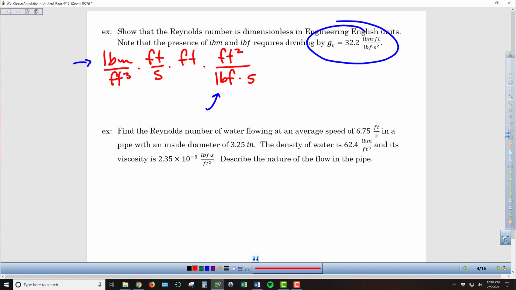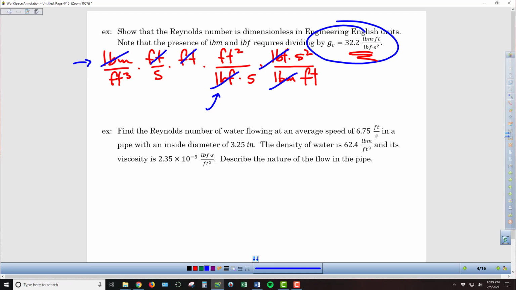So for our purposes here, since we're just trying to show that we're going to be dimensionless for the Reynolds number, we're going to divide by the units of G sub C, or just multiply by the reciprocal. So I'm going to have pound force and second squared on the top, and then I'm going to have pound mass and feet on the bottom. And so indeed, I've got pound masses that go, pound forces.